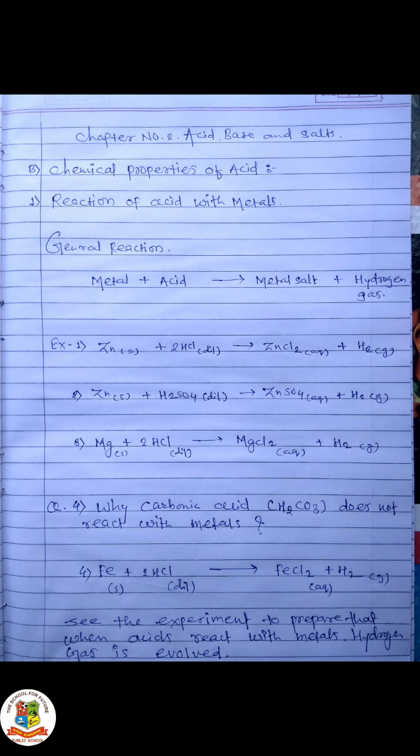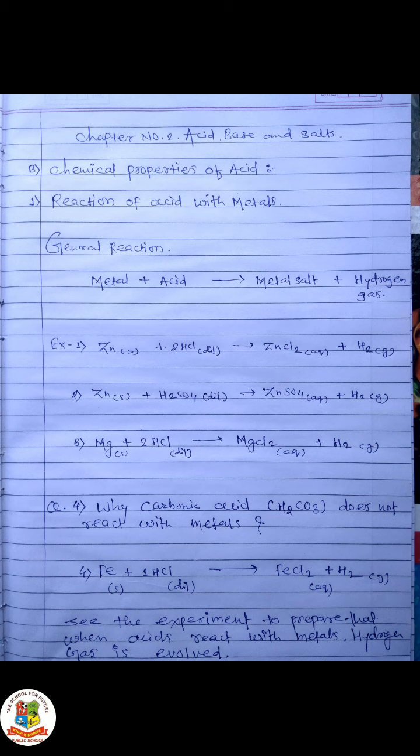Then the fourth physical property is electrical conductivity, and we know that acid solution conducts electricity. These parts we saw in the previous session, in parts first and second.